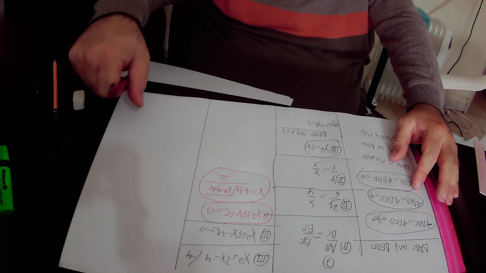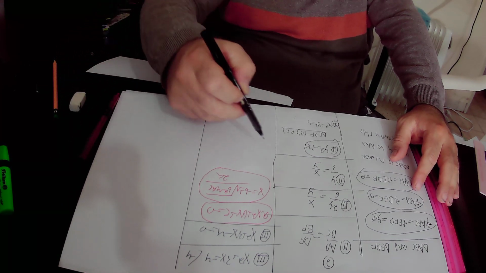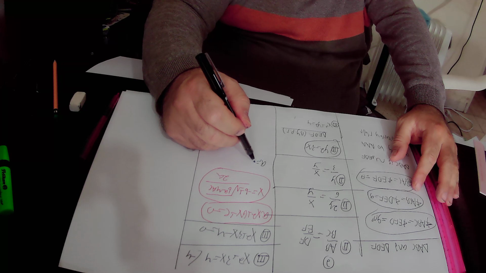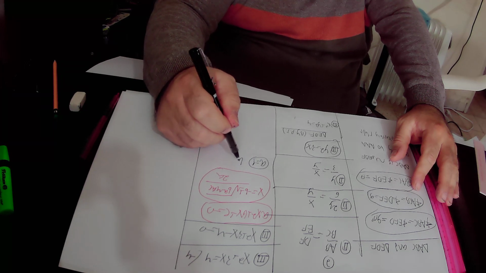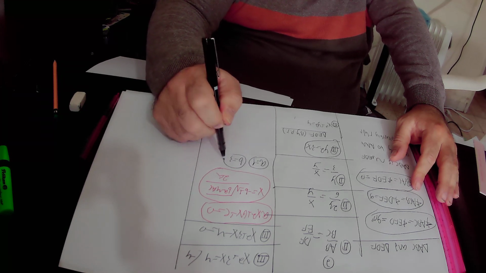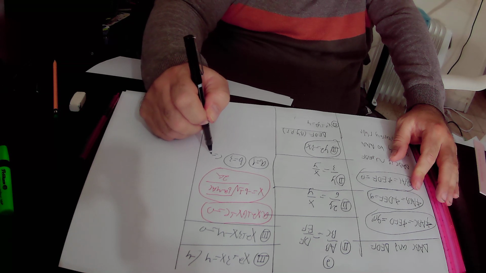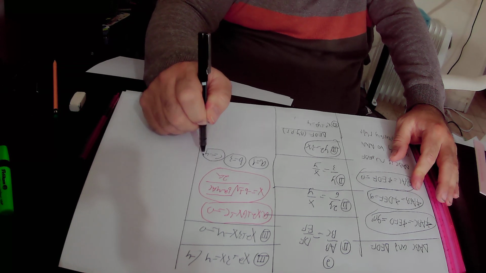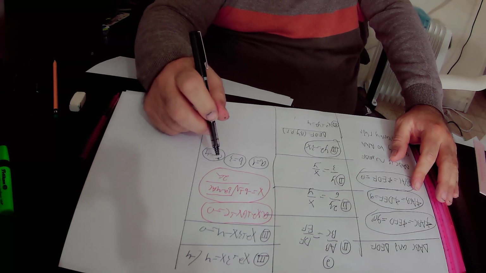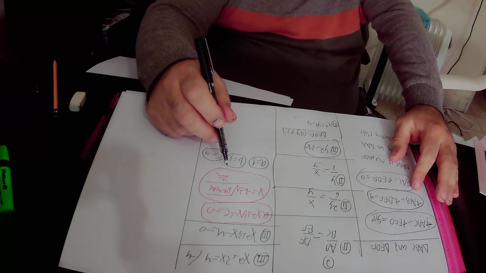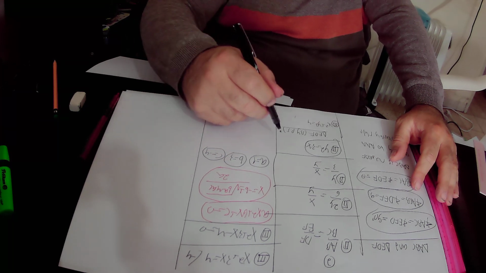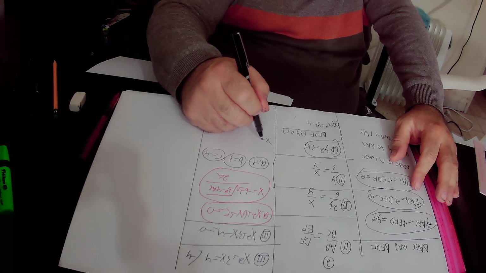In our specific quadratic equation, the coefficient a equals 1, the coefficient b equals 3, and the coefficient c equals minus 4. So we'll put the data inside the formula for x and we'll find the values of x. So we'll get that x equals minus b.